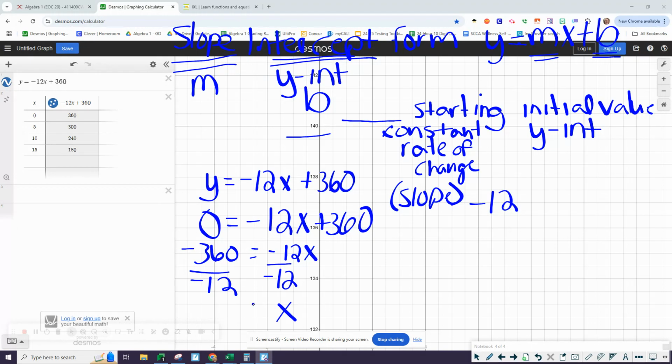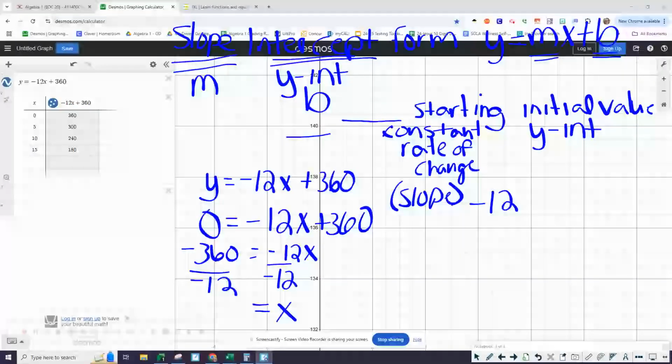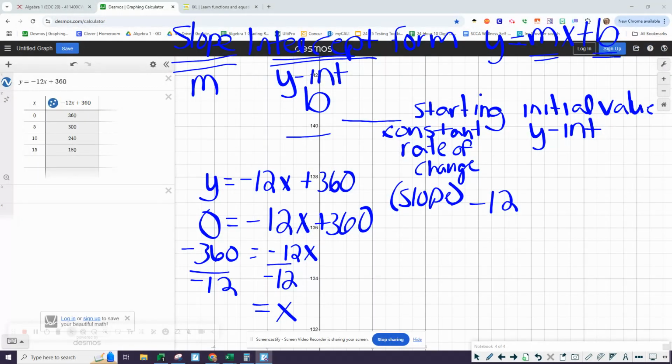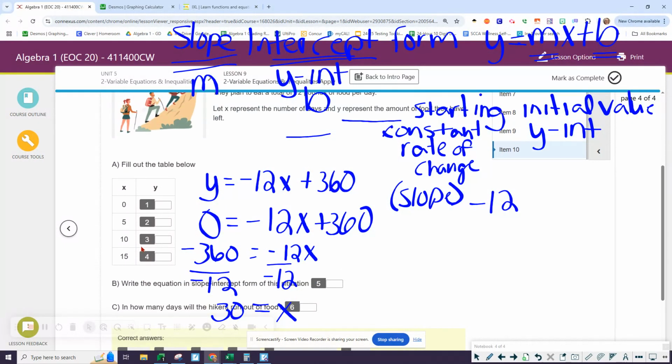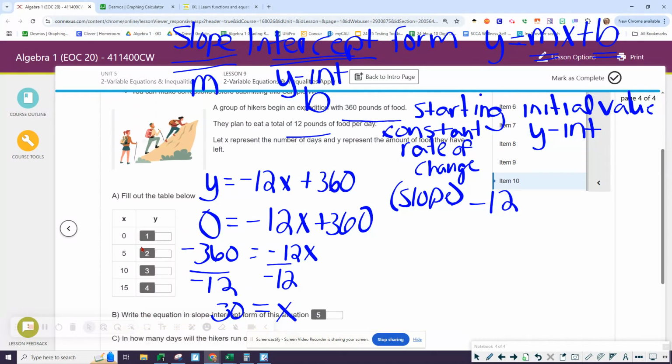So in how many days will that be? 360 divided by 12 is 30. So in 30 days, it will be that. All right, and that is your answer for this one.